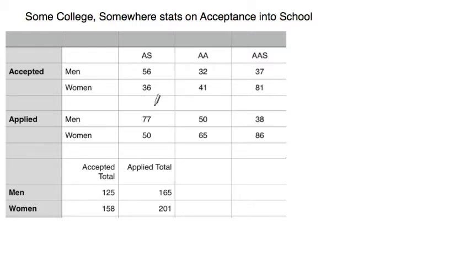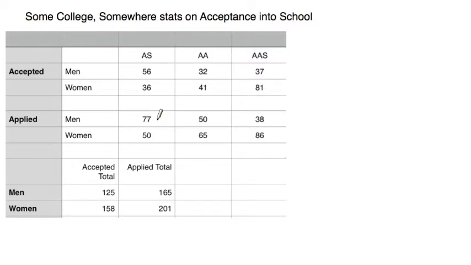So if we individually tackle the percentage of people accepted in each group, and I'm going to shortcut a lot of this: for the percentage of men accepted in the AS degree, it would be 56 divided by 77, multiplied by 100.